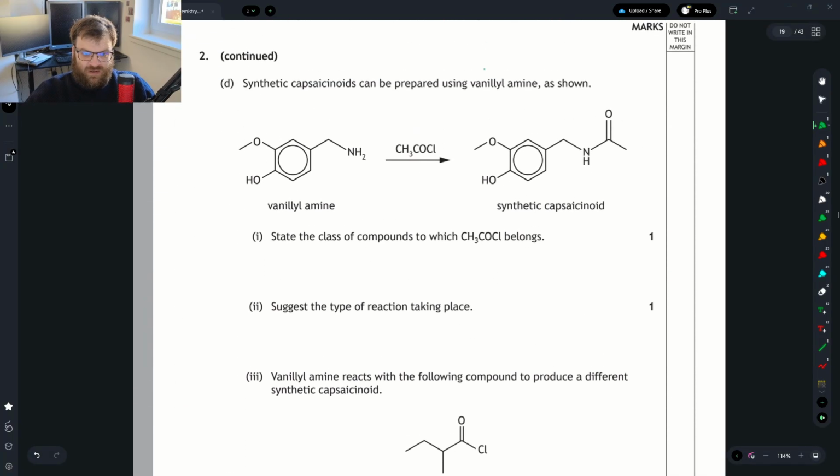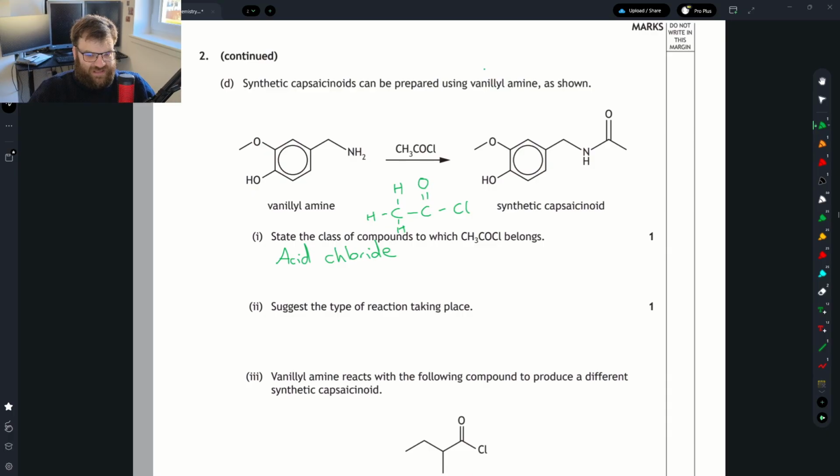Shuffling on, we're asked about CH3COCl. Right, sketch this out. The only way this can work is if you have a double bond on the carbon, because carbon needs to make 4 bonds, and without it, that wouldn't work. This is very similar to a carboxylic acid, apart from we have a Cl instead of the OH. This is described as being an acid chloride.